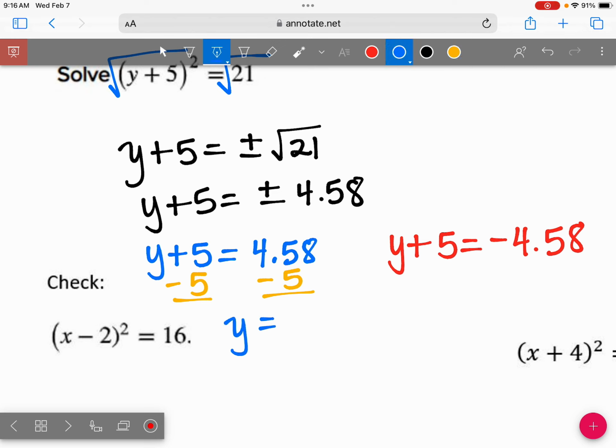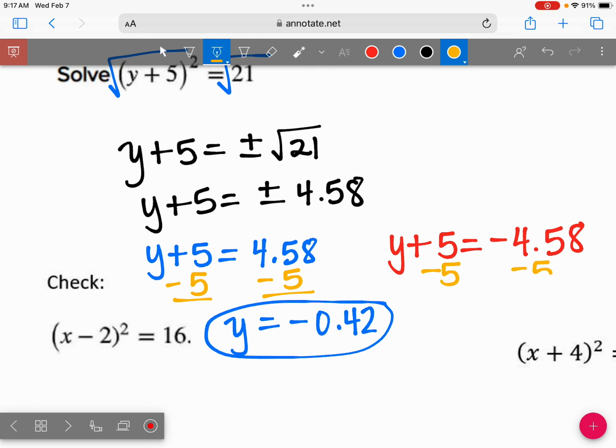And your first answer, when you type that in your calculator, take 4.58 minus 5. You should get negative 0.42. That's my first answer. Now do the same thing with your second equation.